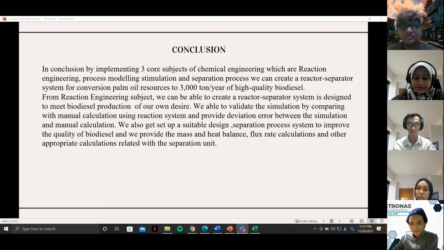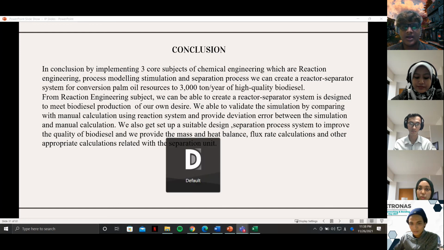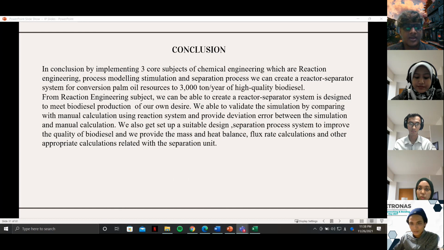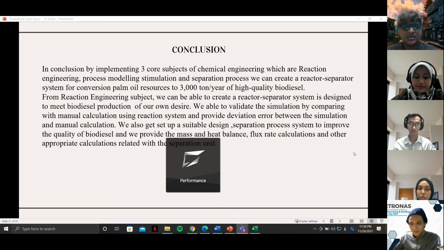We are able to validate the simulation by comparing with manual calculation using reaction system and provide the deviation error between the simulation and manual calculation. We also came up with a suitable design separation process system to improve the quality of biodiesel, and we provide the mass and heat balance flux rate calculation and other appropriate calculation related with the separation unit.